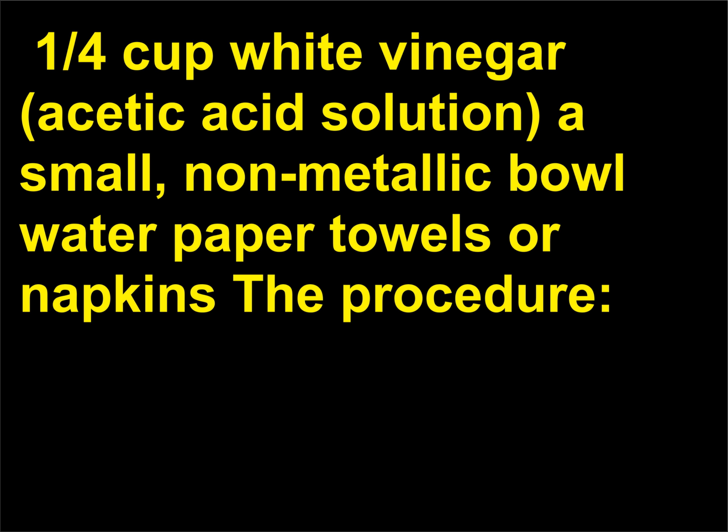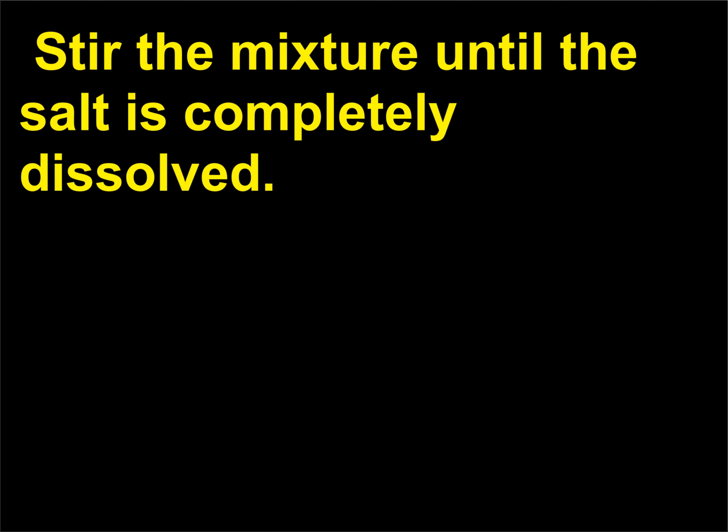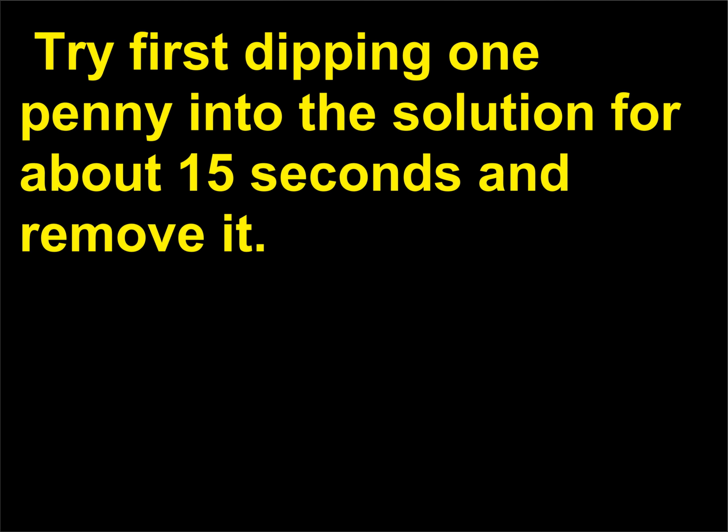The procedure: pour 1/4 of a cup of vinegar and 1 teaspoon of table salt into the bowl. Stir the mixture until the salt is completely dissolved. Try first dipping 1 penny into the solution for about 15 seconds and remove it.